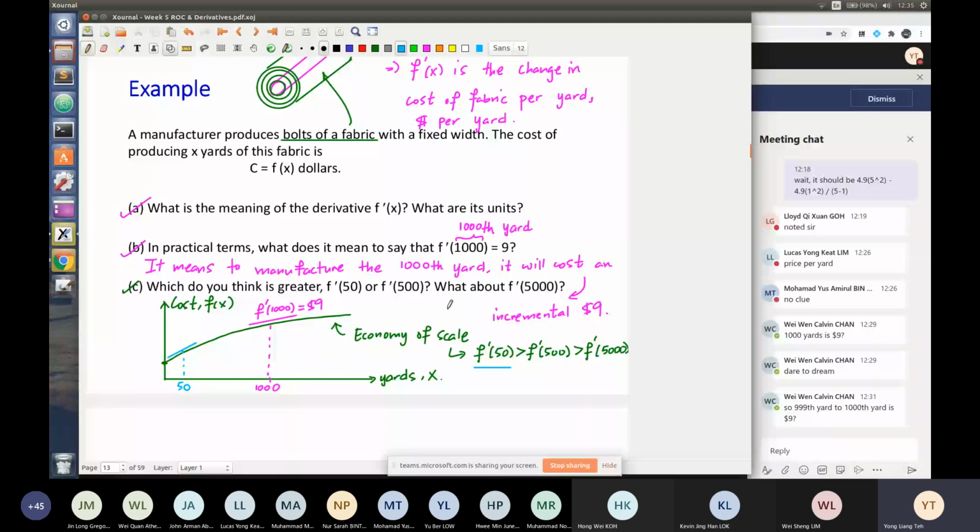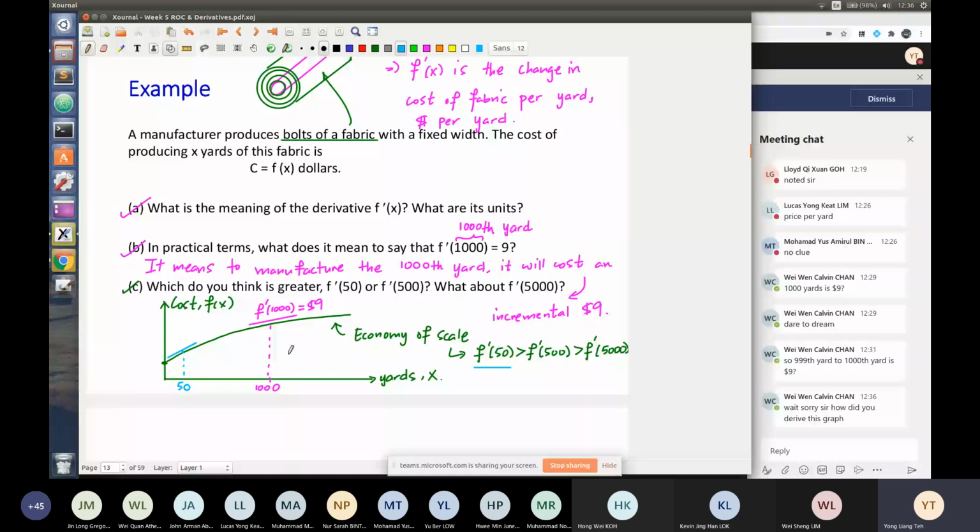Any questions on the concept here of how the derivative is actually presented in a practical problem instead of just being a number or a function? Oh, can we ask how I derived this graph?